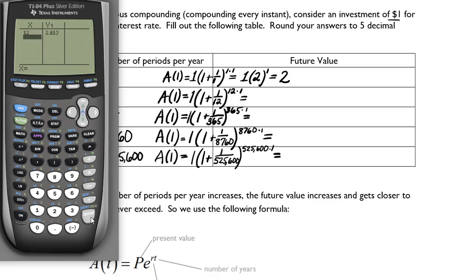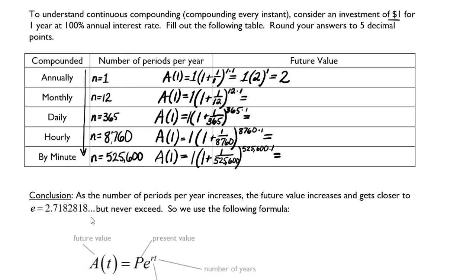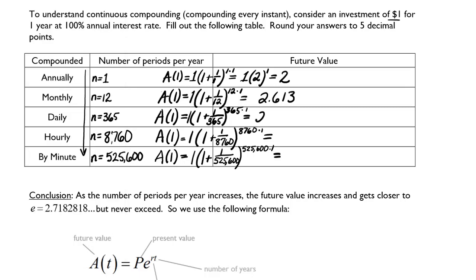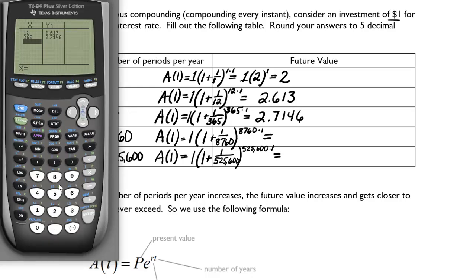My first output is going to be 2.613. My second ask value is going to be 365. And my output is 2.7146. Now my ask value is going to be 8,760.